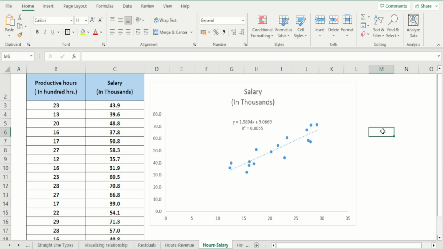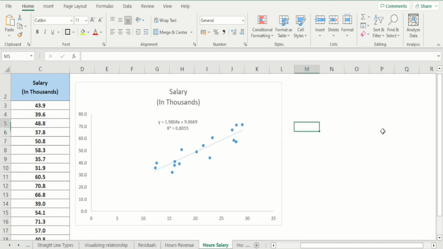So let's say that we have 2200 production hours. Then what would be the salary that would have to be paid out? Again, remember that we have an equation here.